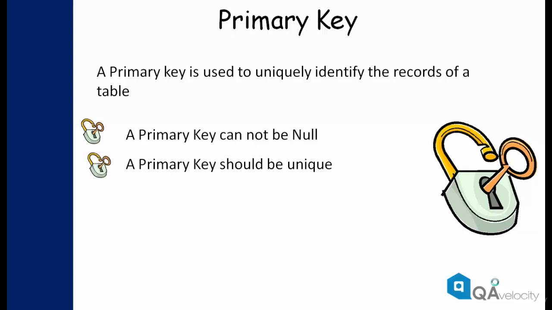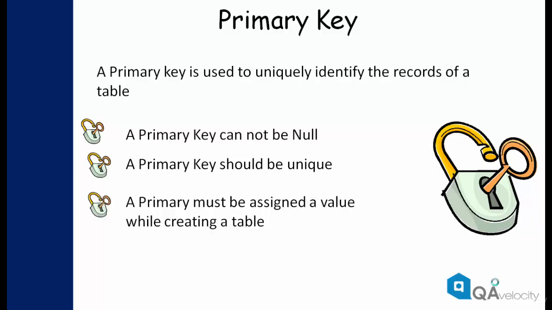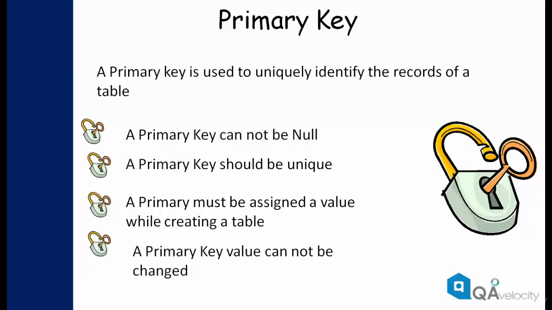A primary key should be unique. It should not be duplicate. A primary key must be assigned a value while creating a table. And a primary key value cannot be changed.